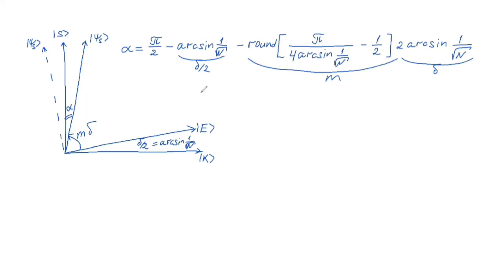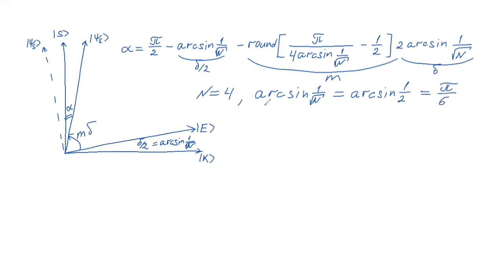Let's first take a look at the special case when n is equal to 4. In this case, arcsine 1 over square root of n is equal to arcsine of 1/2, and this is equal to pi over 6.